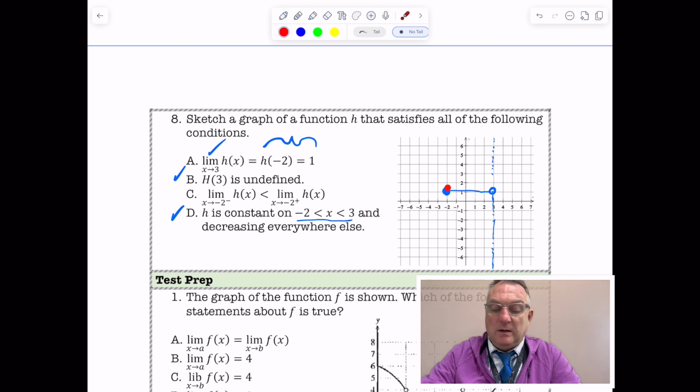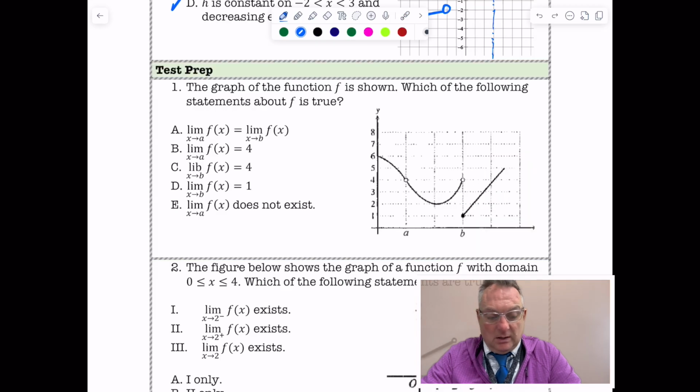So, some test prep. These are like some AP style problems that we got to do. So the graph of this function f is shown. Which of the following statements is true? This says the limit as you approach a is the same thing as when we approach b. When I approach a, I get 4. When I approach b, it's undefined. That doesn't work.